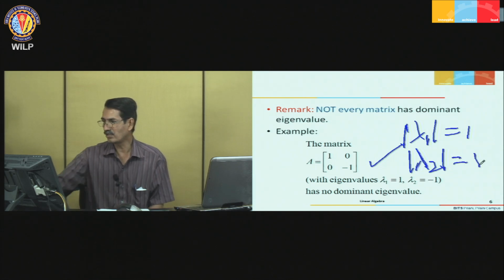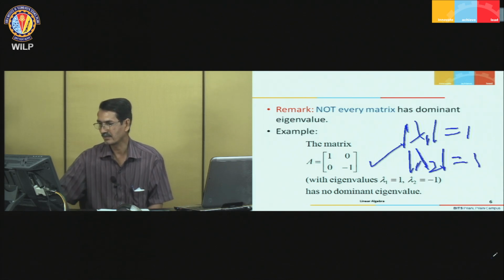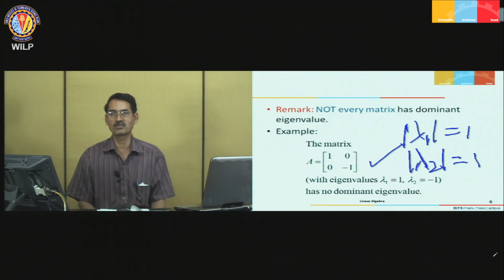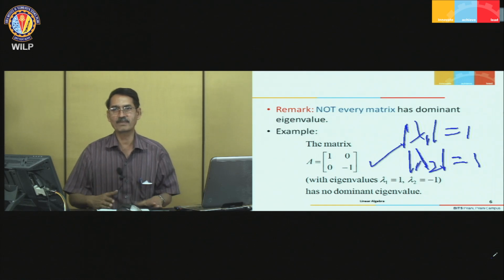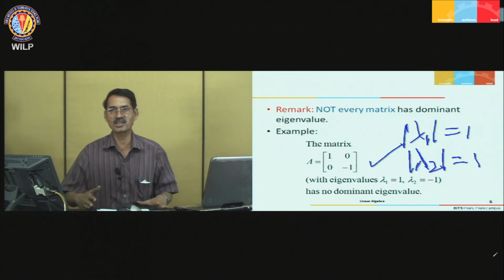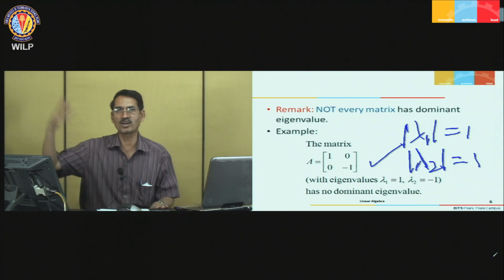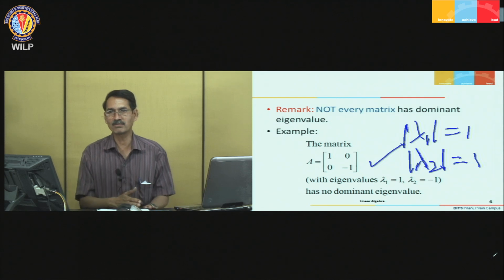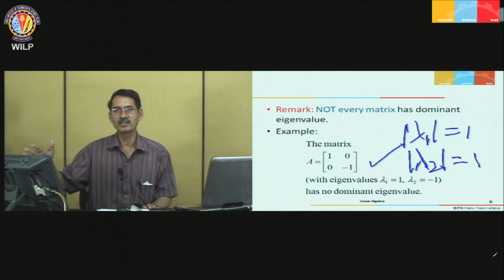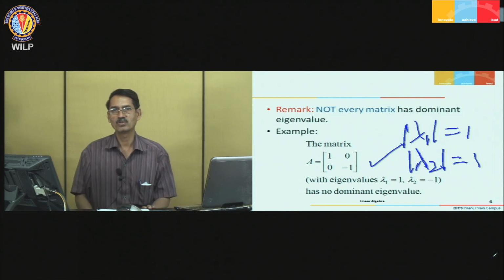And what is the meaning of dominant eigenvalue that we have seen? See once more. If lambda 1 is a dominant eigenvalue of A, then modulus of lambda 1 has to be strictly bigger than the modulus of all other eigenvalues. Here modulus of lambda 1 is equal to modulus of lambda 2. So, therefore, modulus of lambda 1 is not larger than modulus of lambda 2.